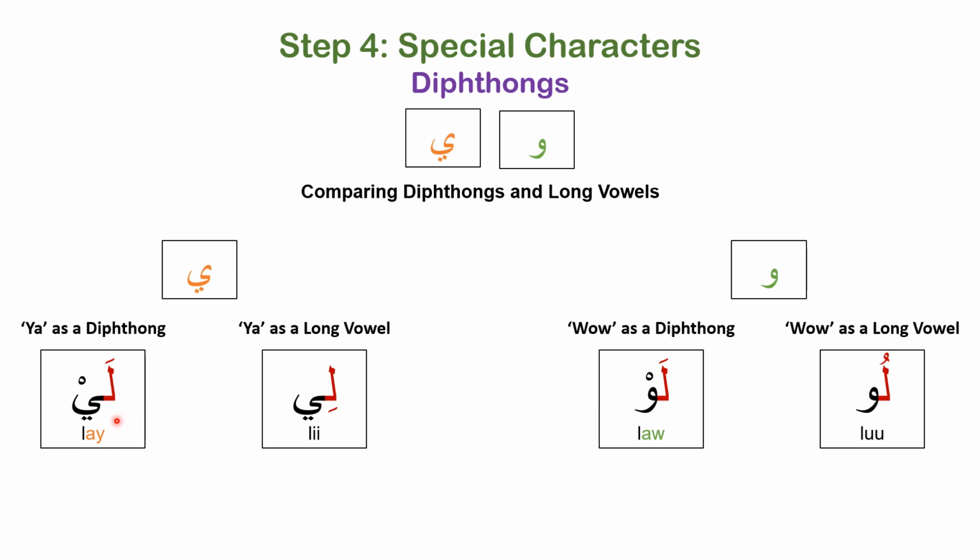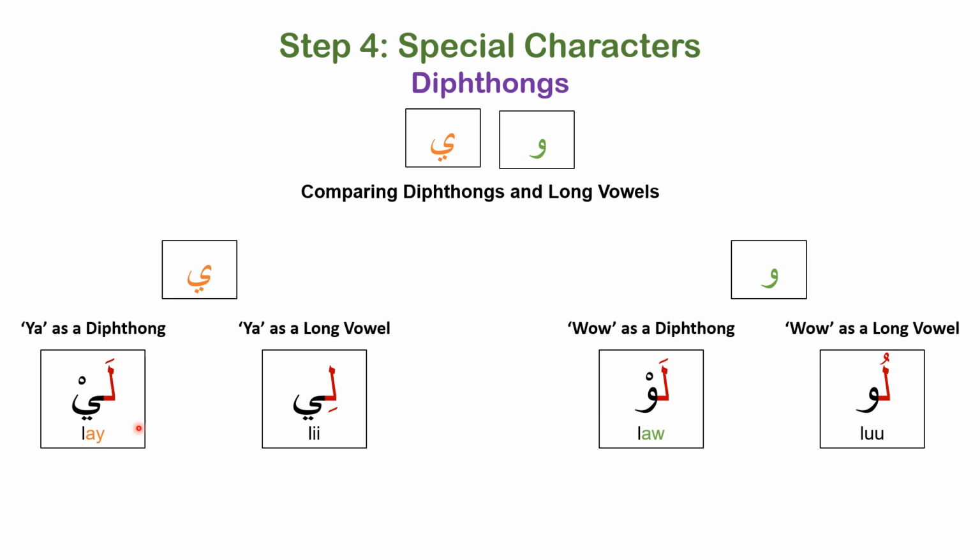Now it is a diphthong because before the letter ya, we see the letter lam, which has a fatha, which makes the sound la, and a ya sukun, which makes the sound ay. Together, they make the sound lay. Here we have lii, and here we have lay. Long vowel, lii, diphthong, lay.